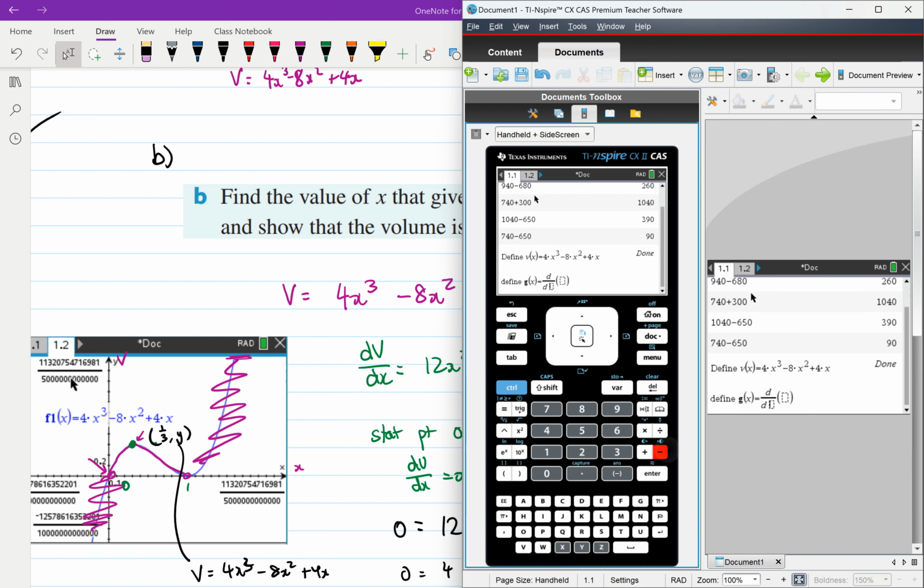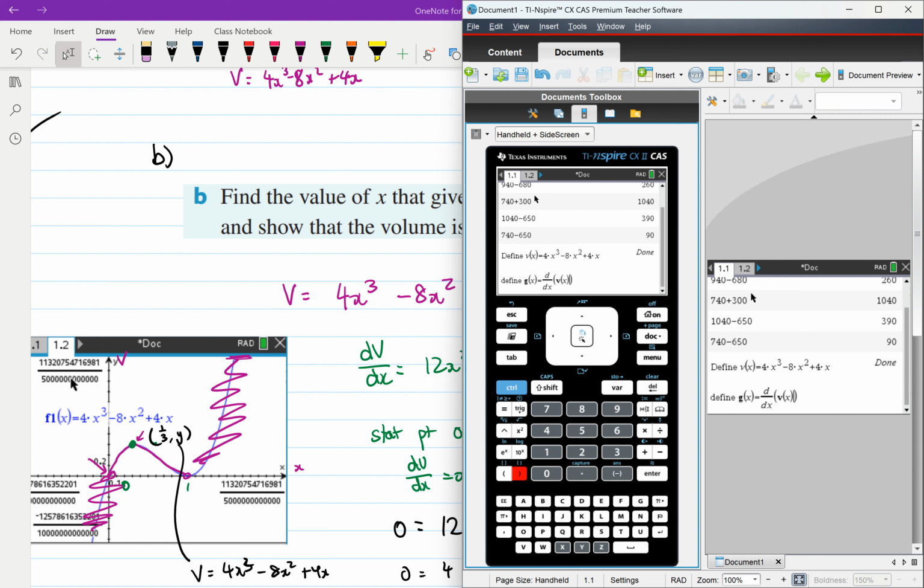Shift minus is derivative. Because I've defined the function, I can write V of x. Here I said this is what the function is. Here I'm saying g of x will be the derivative of that. So that now I don't have to type the derivative over and over. I can just type g of x, and that's the derivative function.